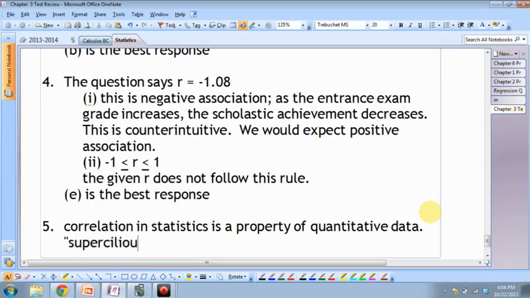Supercilious, and what was the other one? Greed? Are not quantitative. It's actually superciliousness.